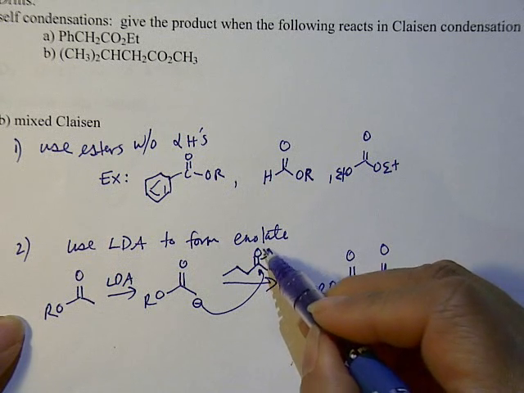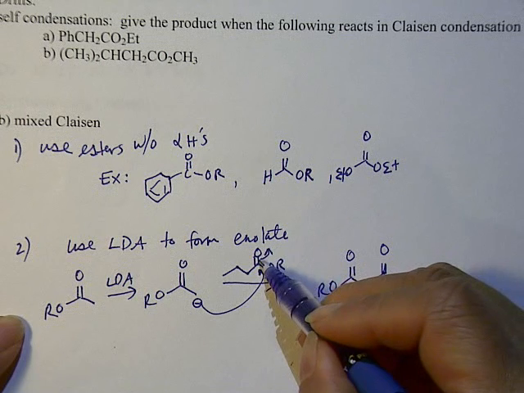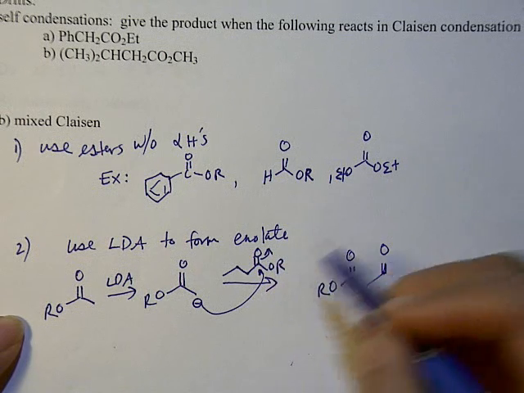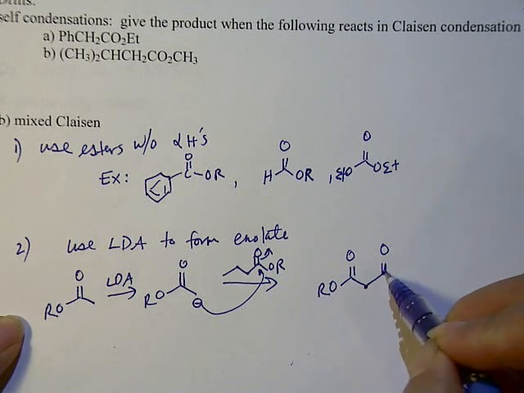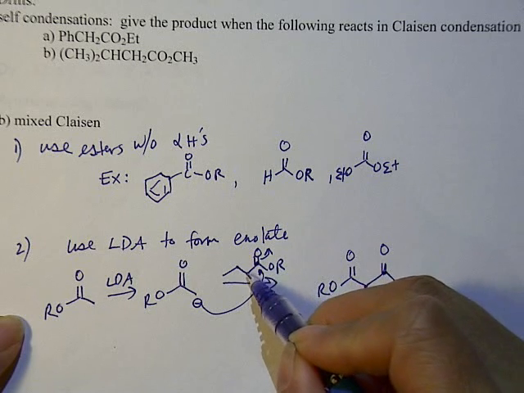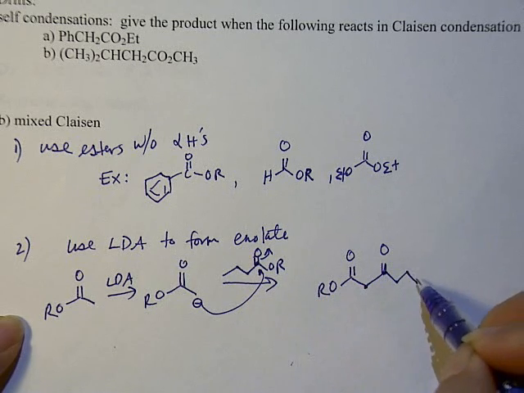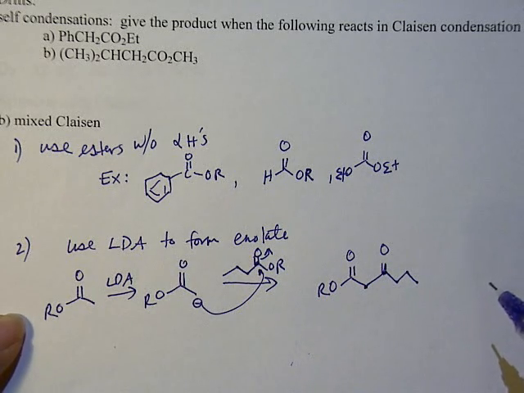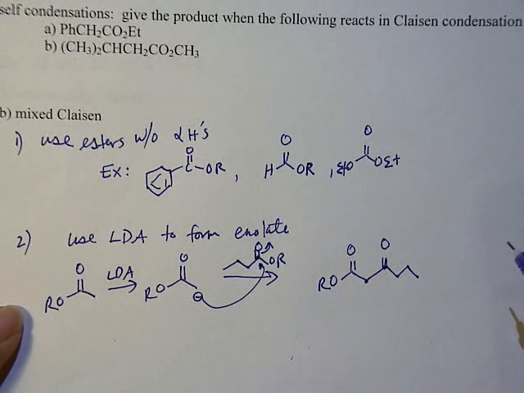and you know that the O minus forms, and then O minus comes back down, kicking this OR off. So this carbon is this carbon, and then you've got 1, 2, 3 carbons coming off of it. 1, 2, 3. So that would be the product of the mixed or crossed Claisen reaction.